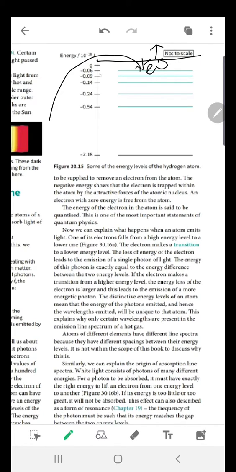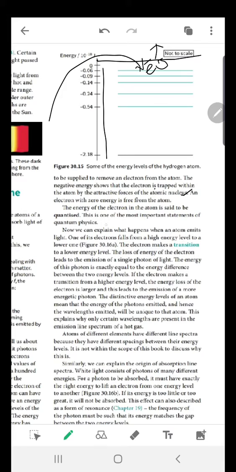Okay, so that's why this energy level is kept as negative. Okay, the negative energy shows that the electron is trapped within the atom by the attractive forces of the nucleus. We always say that the electron is actually trapped inside. In order to release it, we need some external energy to come into action and raise your energy level to the positive energy level or zero energy level so that it escapes from that trap.